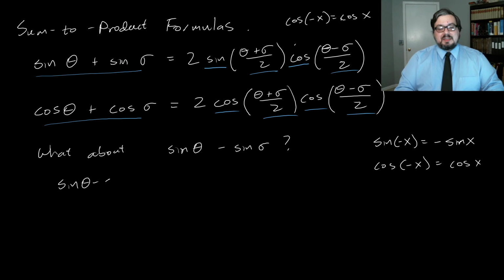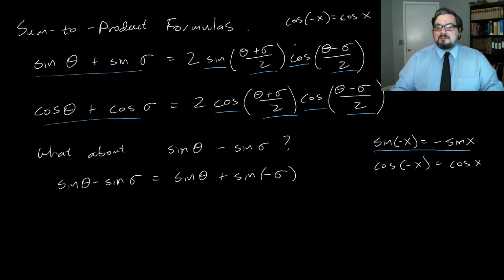So we have sine theta minus sine sigma is equal to sine theta plus sine of negative sigma, because our formula for sine means that we can move negatives from the outside to the inside of the sine. And now we can apply the sum to product formula here using theta and negative sigma.